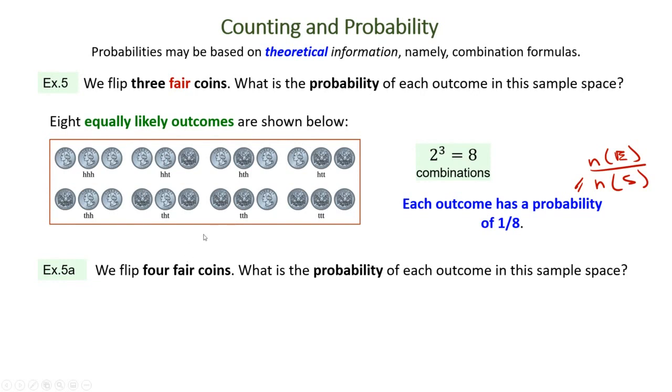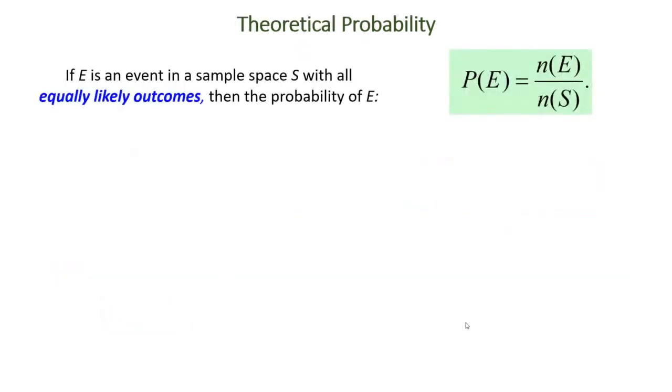We flip 4 fair coins. Again, 4 fair coins means every one of the 16 combinations has an equal chance to occur. So the probability of each outcome is 1/16.